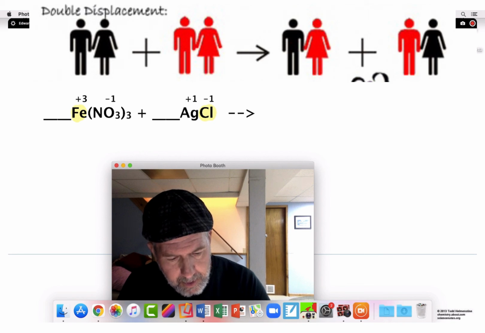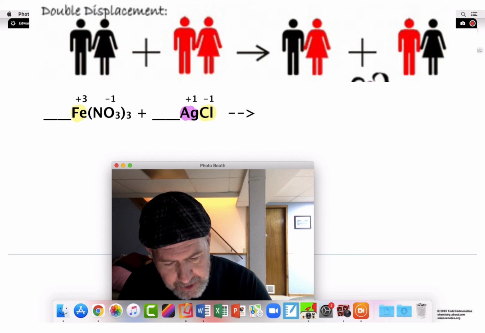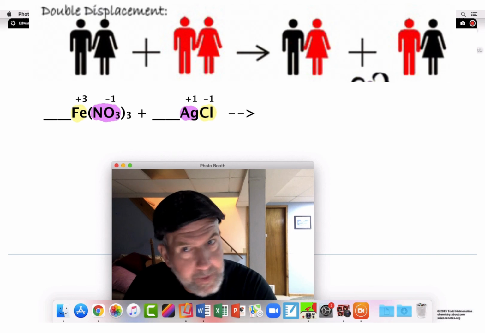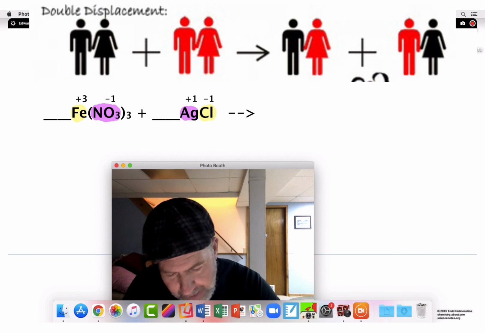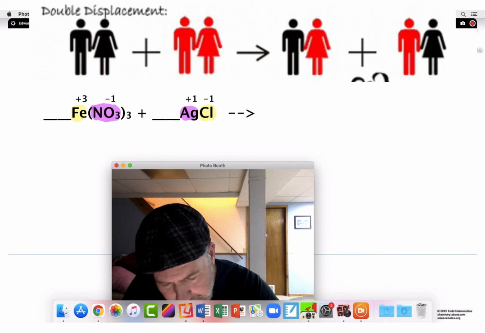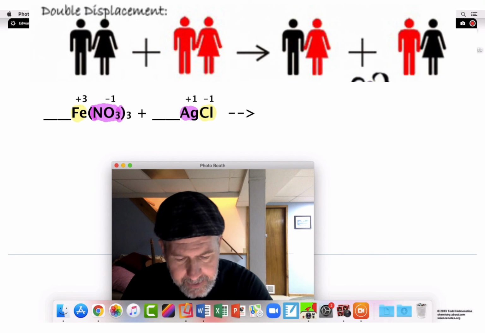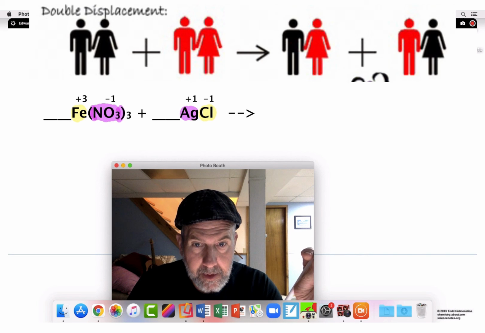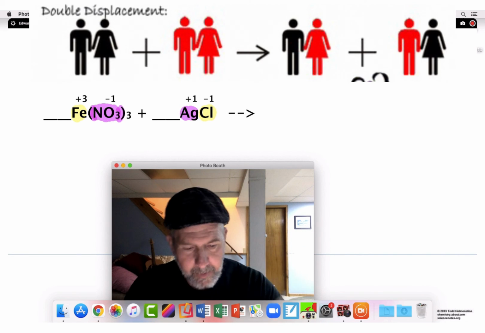And the Ag will be with the NO3. Now notice, I didn't highlight that little 3 on the outside of that parentheses because that little 3 should not come along for the ride, right? So we're going to have the Fe with the Cl. Let me write them over.